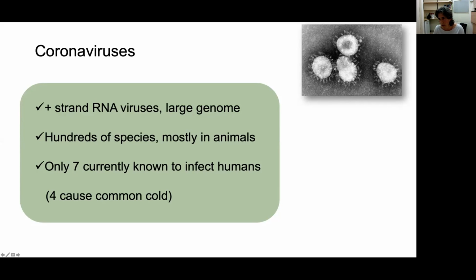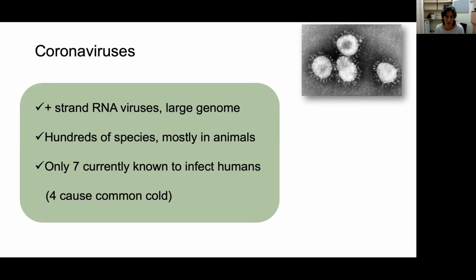You can see an electron microscope picture of the coronaviruses here, the virion particle itself and its envelope. On that envelope, it has its spike proteins, which bind the receptor on the host cell. These spike proteins have a characteristic appearance that resembles a crown, which is why these viruses are called coronaviruses.